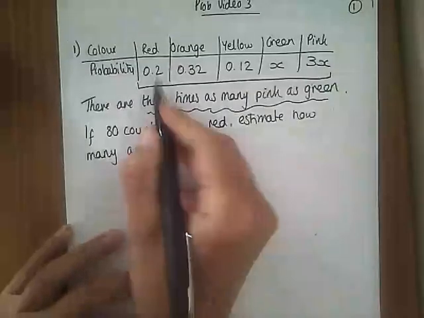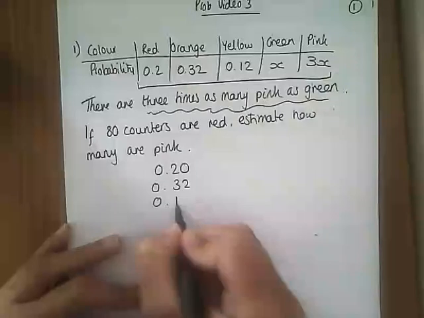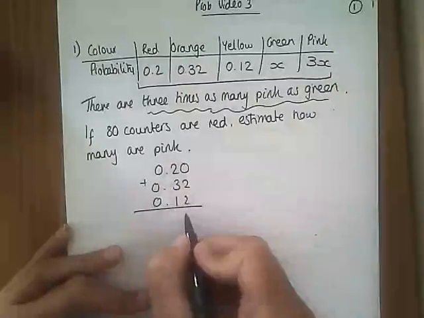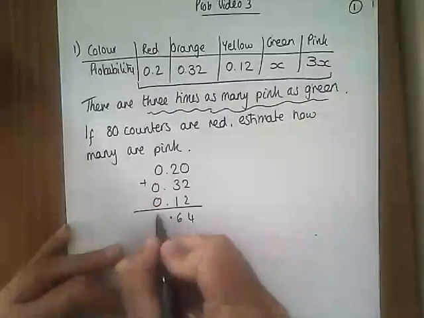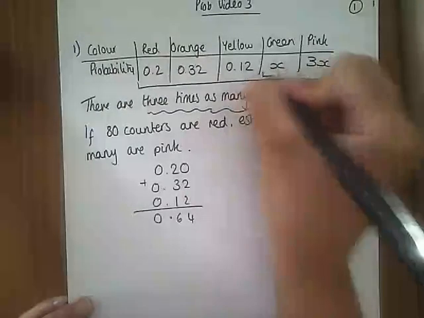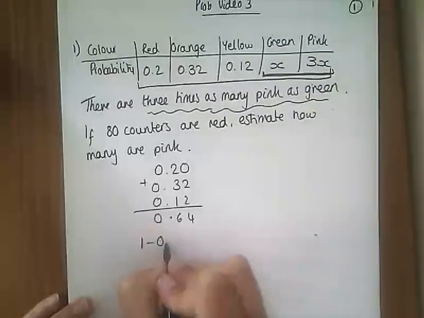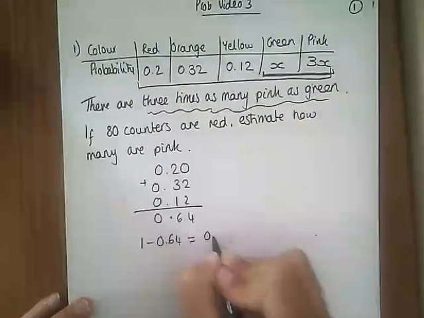Now don't forget that is 0.20, don't be confused, it is 20%, not 2%. Okay, so when we add those up, we get 0.64. We've then got to take it away from 1 to find out what these 2 missing ones are worth between them. Okay, so 1 take away 0.64 is 0.36.